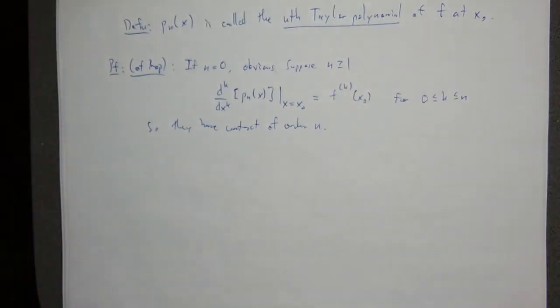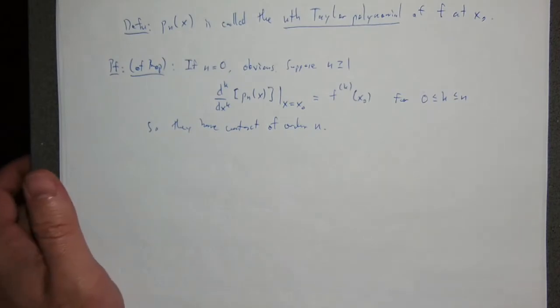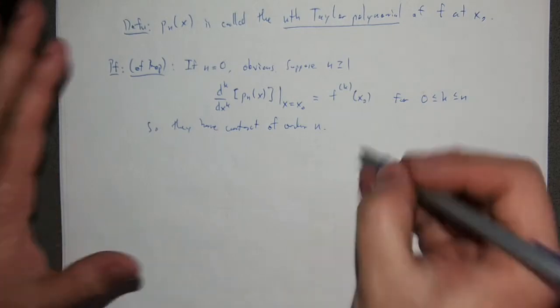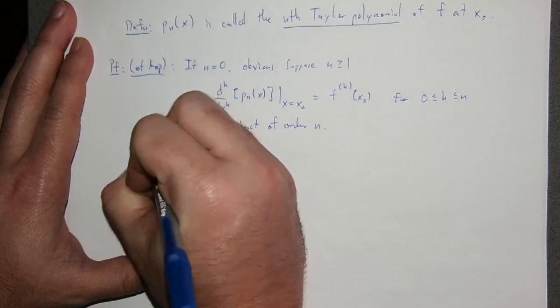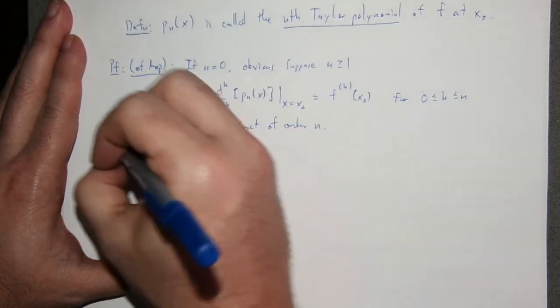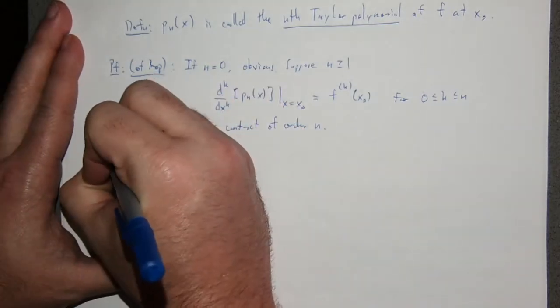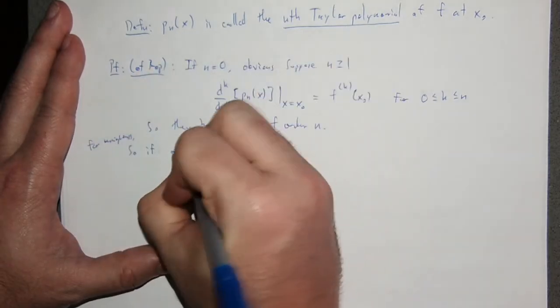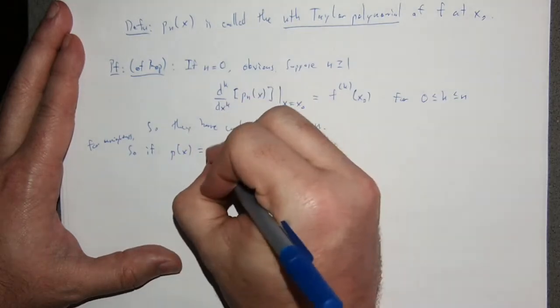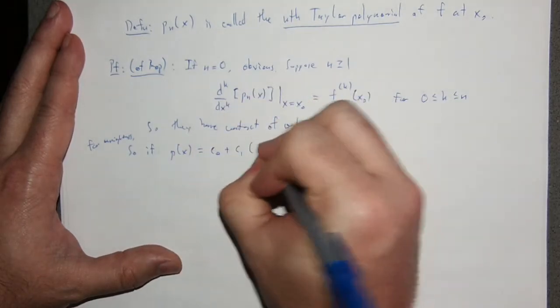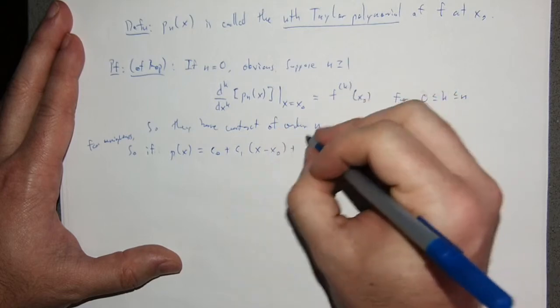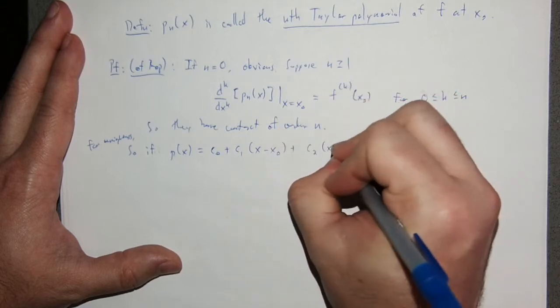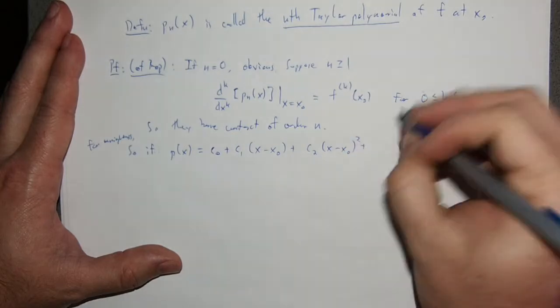So then the only thing left is to prove uniqueness. If you take a generic polynomial and just write it out, then that is the only thing it can be. So for uniqueness, if p of x is some generic polynomial, say c naught plus c1 times x minus x naught plus c2 times x minus x naught squared, and so on.